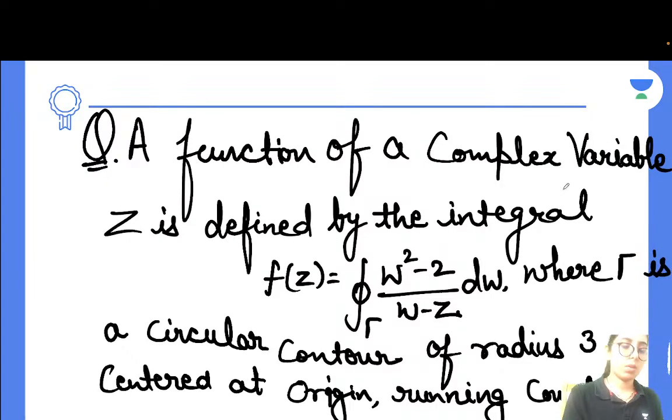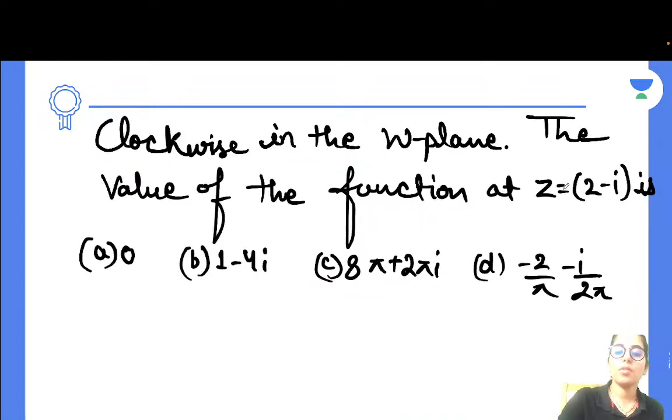Try it now and let me know if there is any doubt. If you get the answer, you can mention it in the comments, what is the right answer according to you. Tell me the right answer for this question. If you have doubt, I'll explain it then.